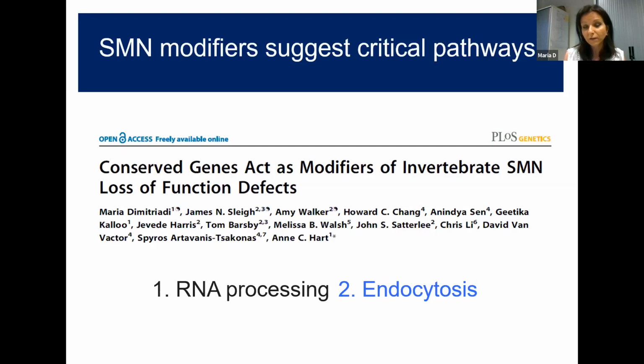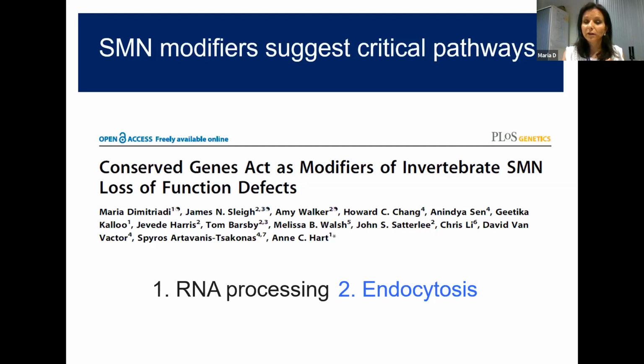And we can do this very, very quickly in C. elegans. What we did back in 2010, we had the C. elegans spinal muscular atrophy model, and we had collaborators working on the Drosophila spinal muscular atrophy model. So we identified genes that were making our SMA worm model happier or even worse.